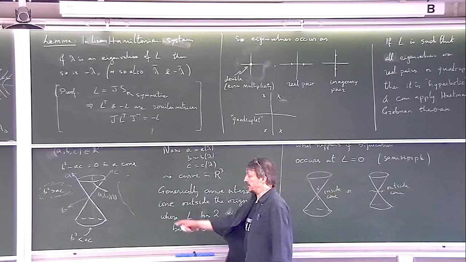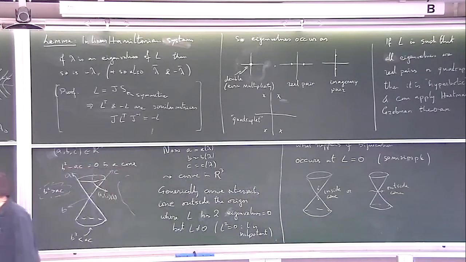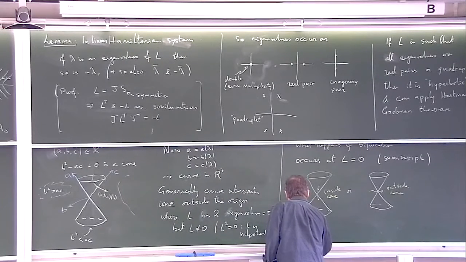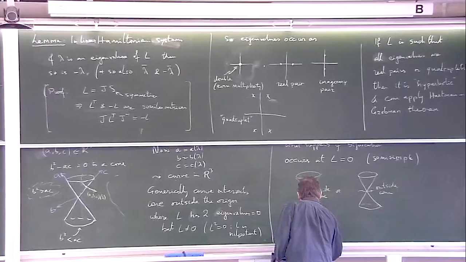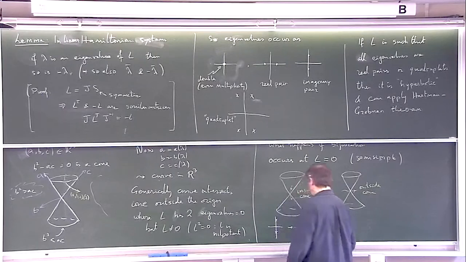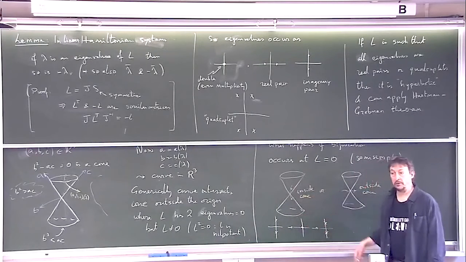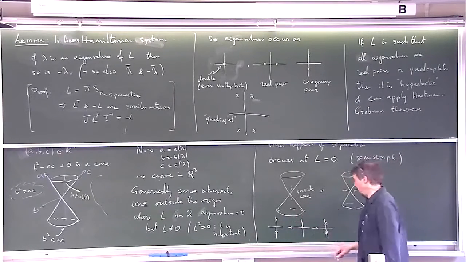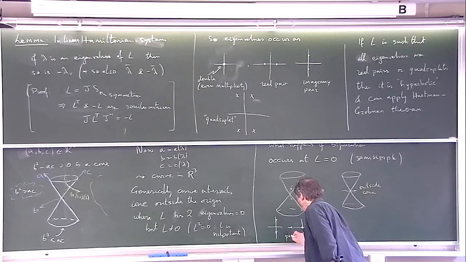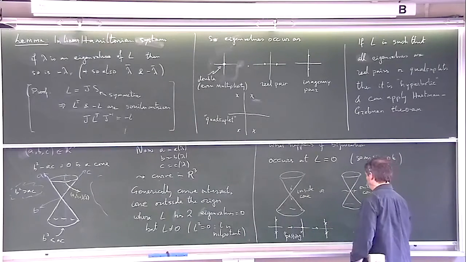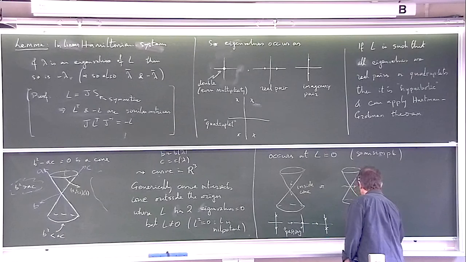So when B squared is less than AC, this is negative, so we get the eigenvalues imaginary, both sides. They don't split. This is called passing. So the eigenvalues go to 0 and they come out the other side. This is quite common in symmetric systems, we're going to see.